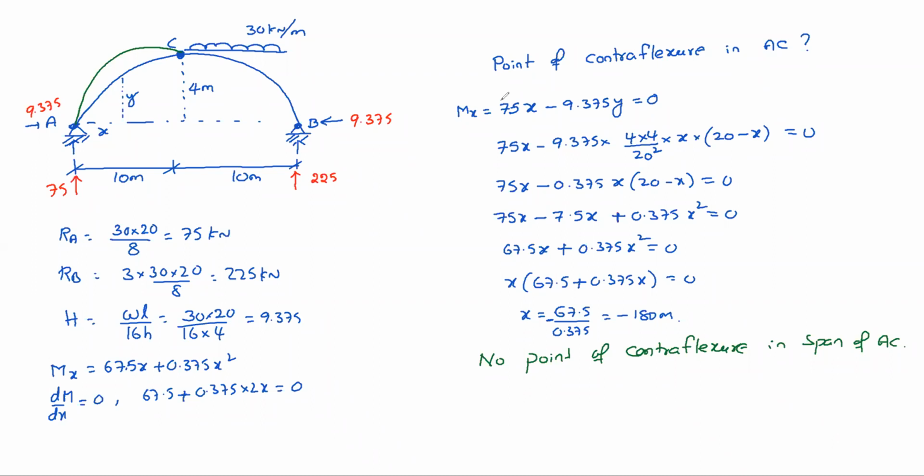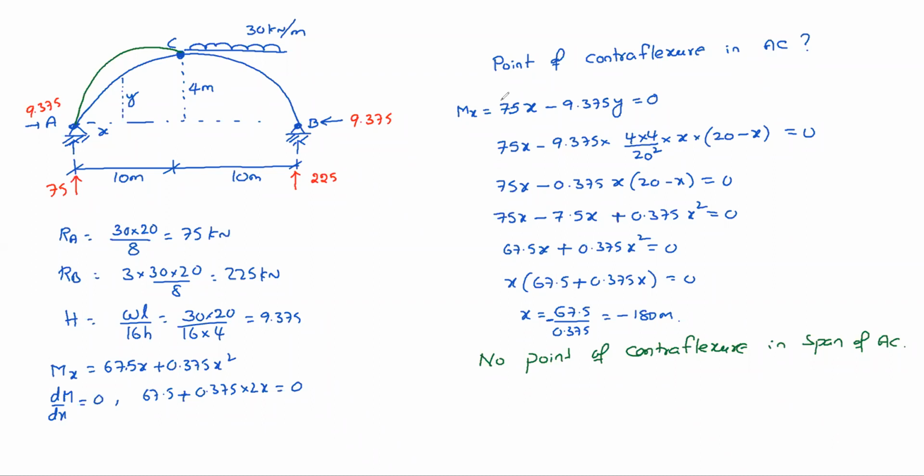Check again: 0.9375 into 16 by 400, into 20. 0.375, correct. This plus, x equal to 10, 67.5 into 10.